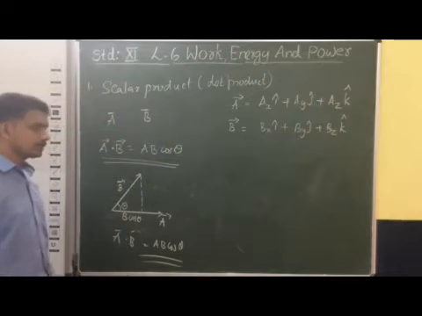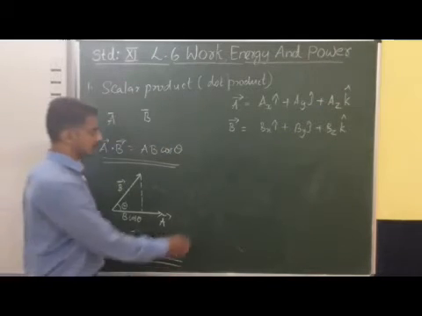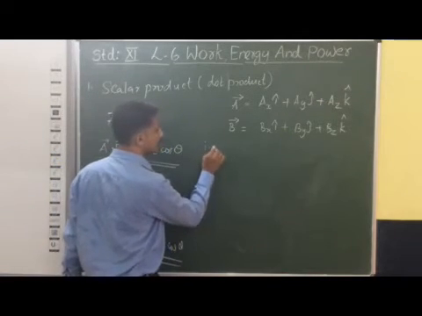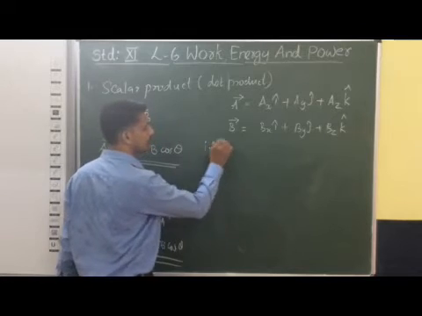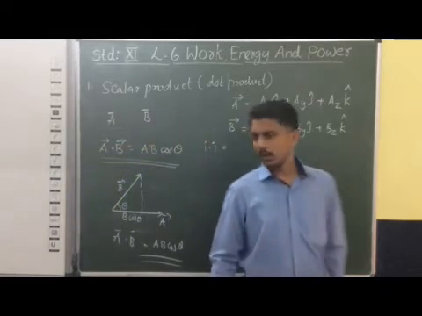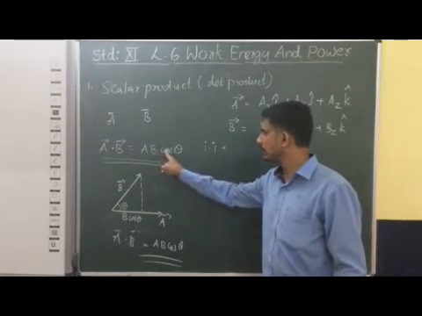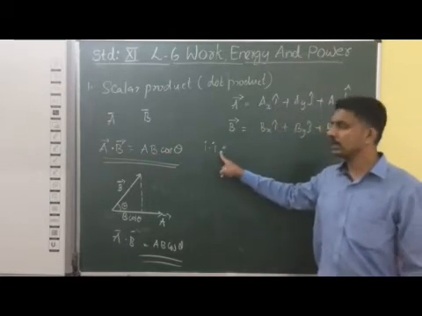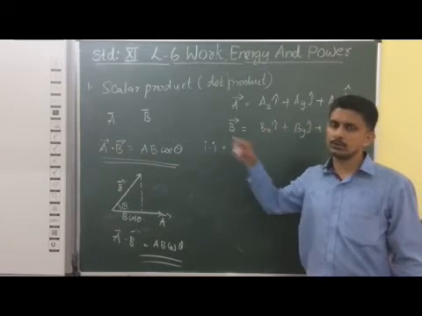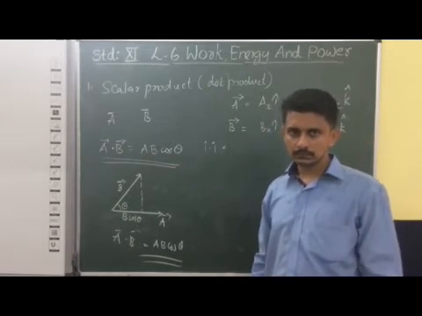When we consider the dot product between the unit vectors, what happens? I dot i means i into i cos 0. These are parallel vectors, both in the same direction. What is cos 0?